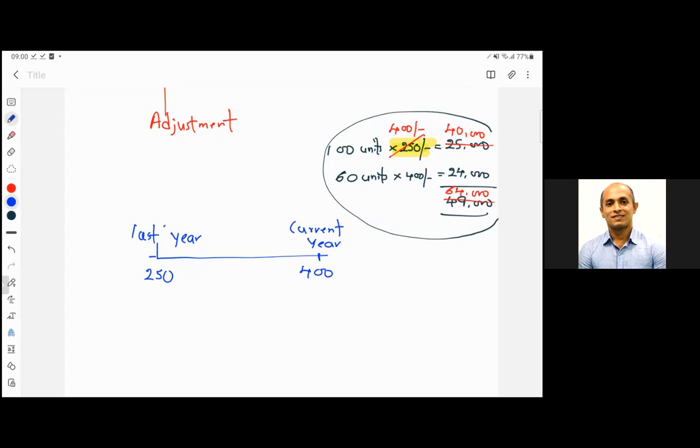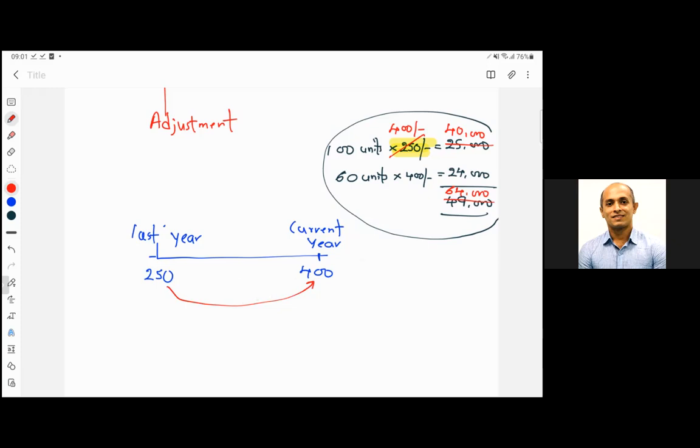There are industry price indexes, and you can apply those index values. Or you can have a discussion with some experts in that industry. Then based on that, you can see by what percentage the price level has gone up. You can calculate a percentage.